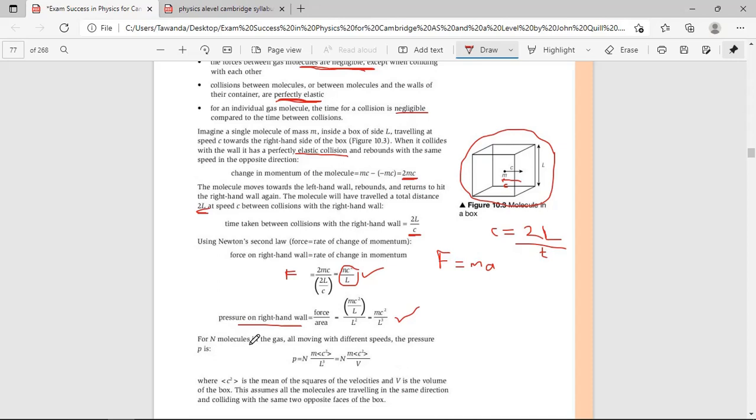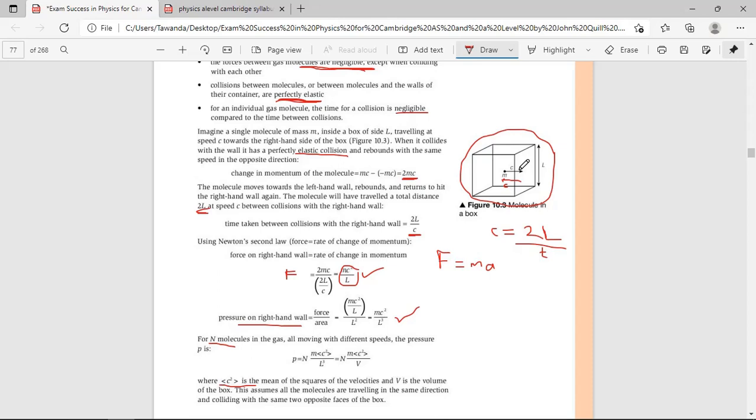So for n molecules, because this one is the pressure caused by just one molecule. So suppose we have capital N molecules. The total pressure will be N times this one, where it is no longer c squared, but the mean square of the velocities of all the molecules, because there are several molecules here.